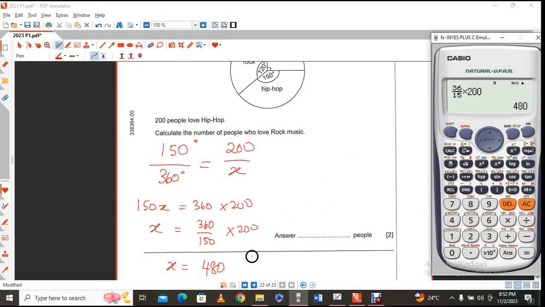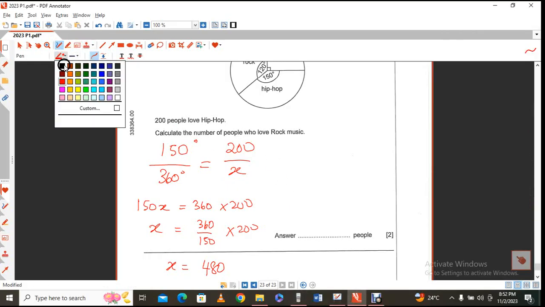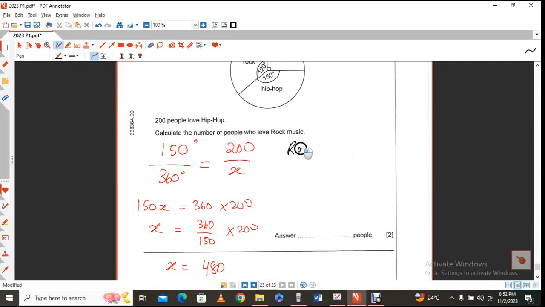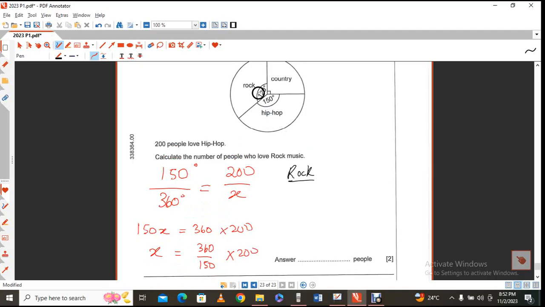Now if you want to find the people who represent rock music, maybe I will just bring in a different color. For rock music, the angle is 120 degrees.